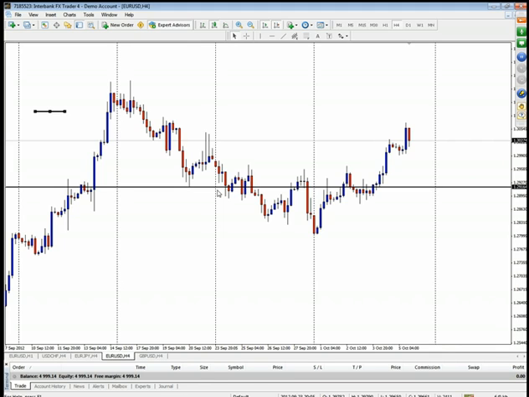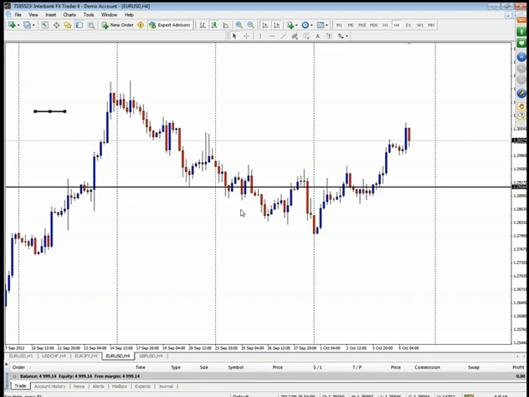That's about all I think I need to say about the stop loss and where you're going to put your take profit. But then the money management part of it comes in. You've got to know if you don't want to risk more than, say, 5% of your account.